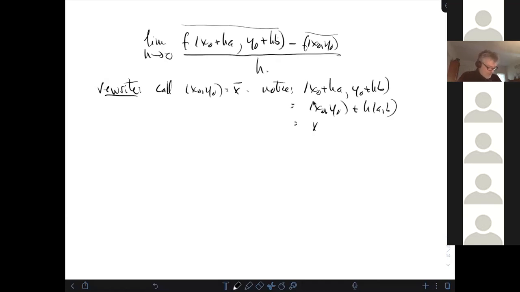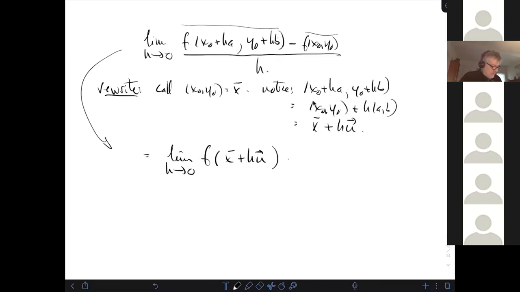So this is just x bar plus h u, my unit vector that I chose at the beginning. So this is the limit as h goes to 0 of f of x bar plus hu minus f of x bar, divided by h.